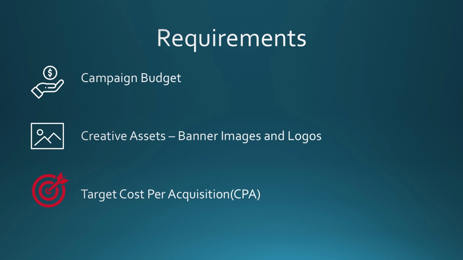So there are three key requirements to set up a Google Smart Display campaign. The first one is campaign budget. Now, as you know, you will set aside a budget for Google search and Google display campaign, but for a smart display campaign you will need to set aside a higher budget because Google requires at least 2 to 3 weeks to learn how well the campaign is performing, and only then it will start acquiring new customers.